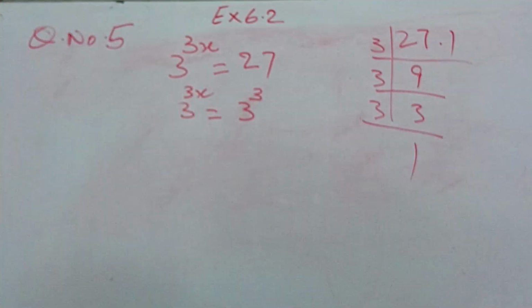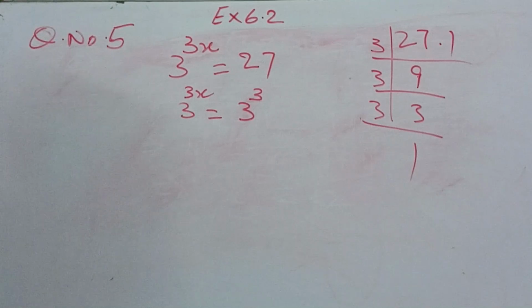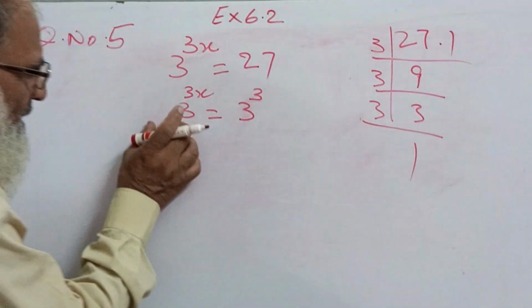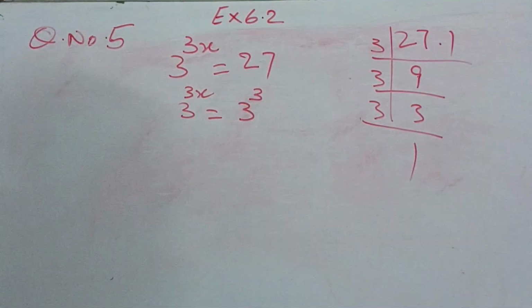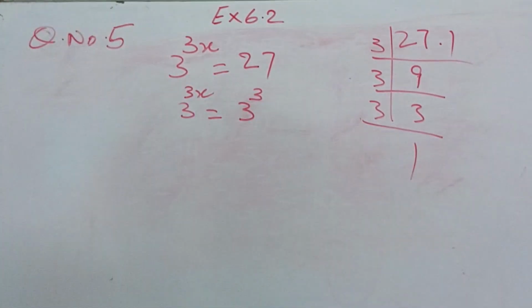Now forget the bases. Because these are equal, when the bases are equal on both sides, the powers will automatically be equal.